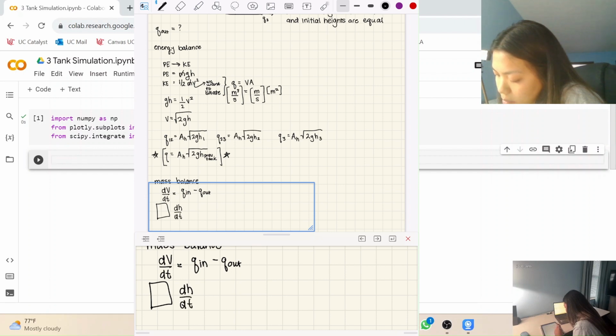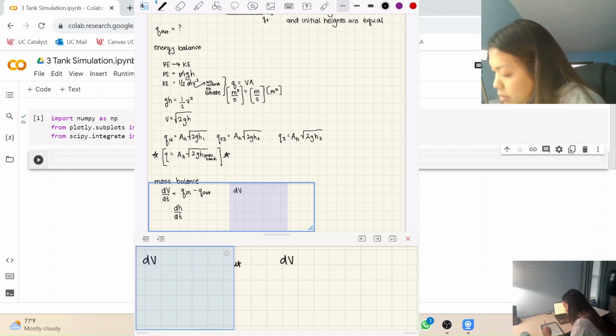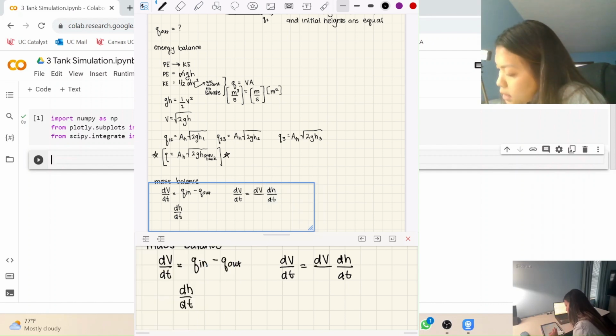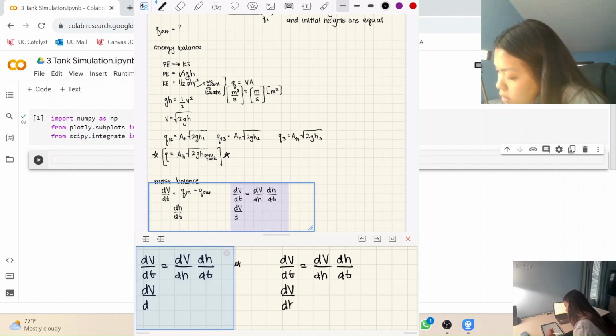How can we break down the change in volume with respect to time to get the change in height with respect to time? Well, it's pretty simple, because what we're missing here is the change in volume. We already have the change in height. The change in volume is going to change with respect to height.